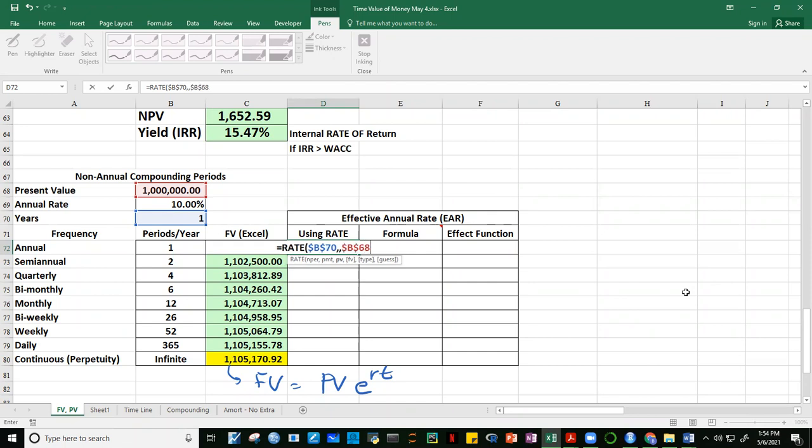Sorry, present value dapat natin i-fix din. Tapos what will be our future value? Do we know the future value? Guys? Yes, ito, di ba? Ito. And we don't fix C72 kasi gusto natin i-copy down yung formula.